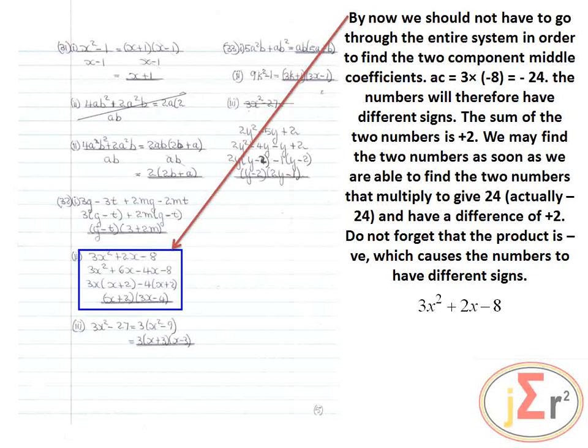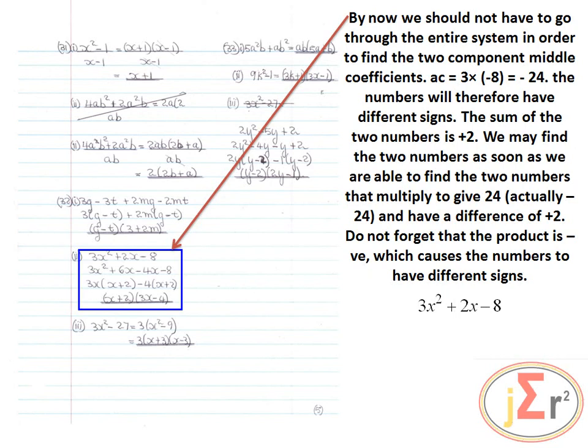The numbers will therefore have different signs because the product is negative. The sum of the 2 numbers is a positive 2. We may find the 2 numbers as soon as we are able to find the 2 numbers that multiply to give 24, actually a negative 24, and have a difference of positive 2.